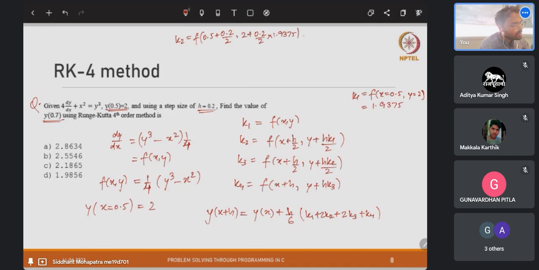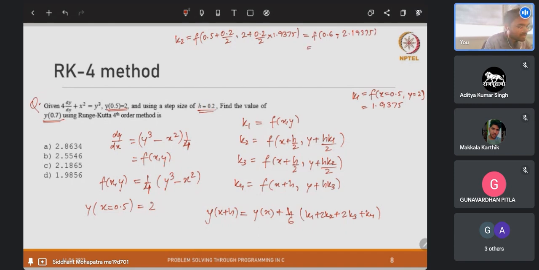So it's basically f of 0.6 comma 0.1 into 1.9375 plus 2, which is 2.19375.